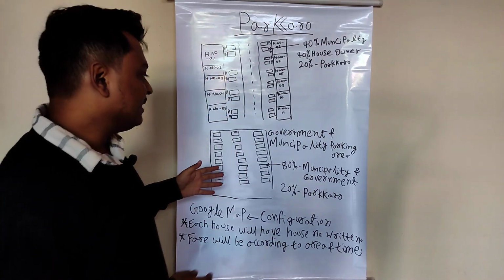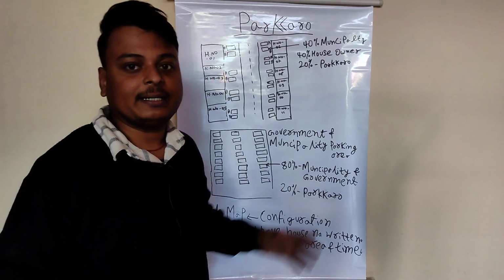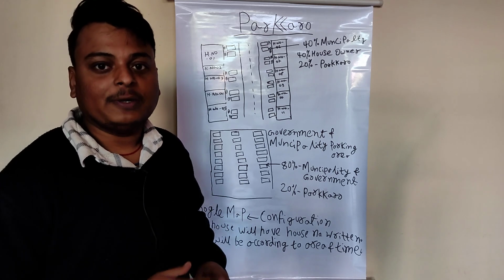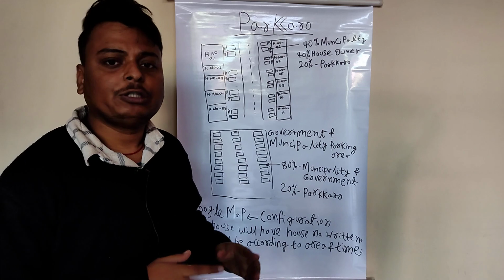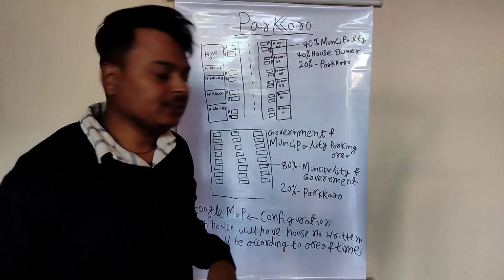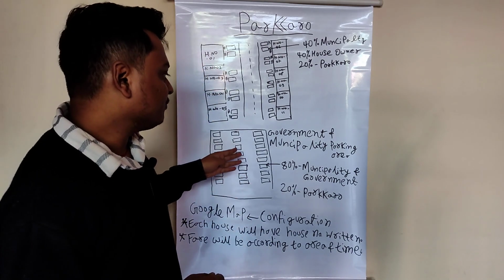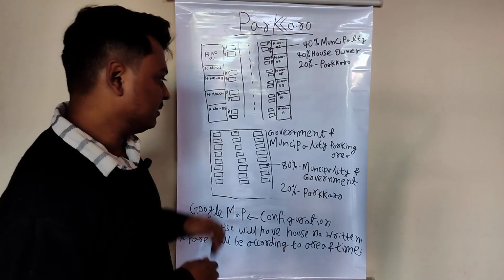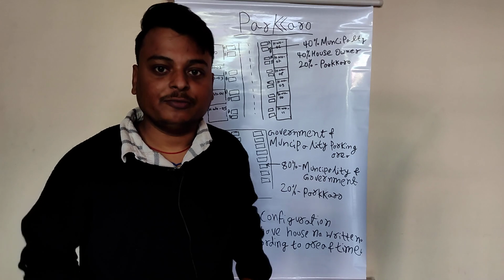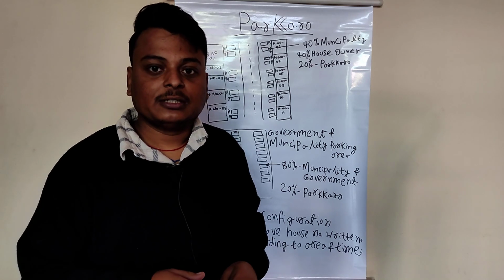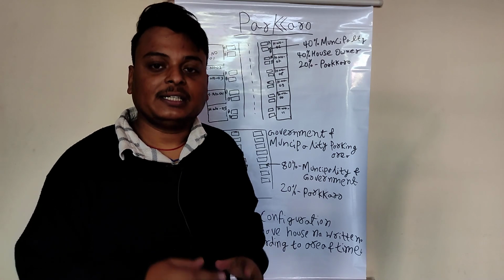Now next, there are many areas which are free, right? There are many government areas which are of no use. They are vacant land, so that can also be used for parking purposes, right? In the market area, in the municipality area, there are some spaces which are vacant, so that can be used for parking vehicles.